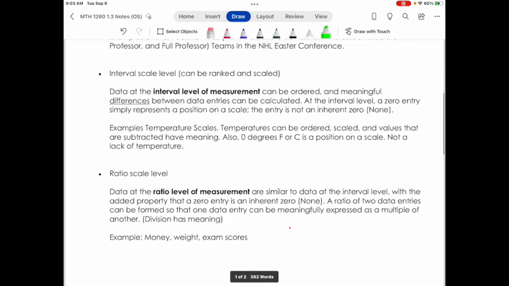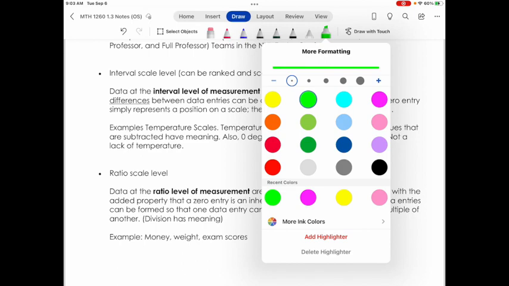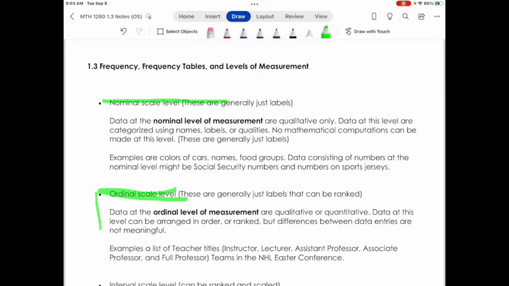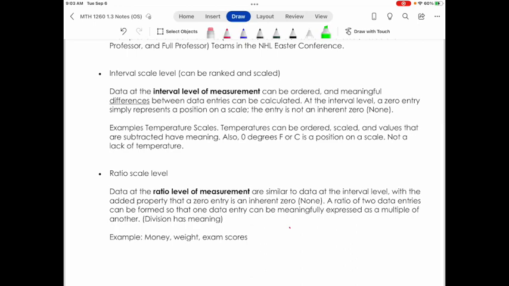Now, if we scroll down and look at the next 2 categories, that is the interval scale and the ratio scale. These are levels of measurement that deal with numerical data.